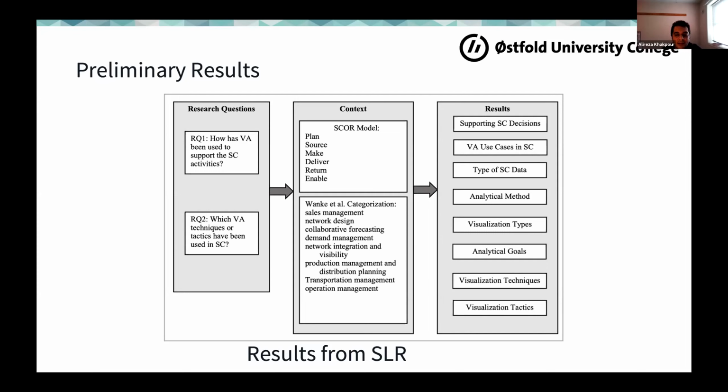This categorization of VA techniques and methods has been proposed based on various supply chain processes based on the SCOR model. And then finally, we mapped the need of specific data for each of the applications and decisions that they intend to support.